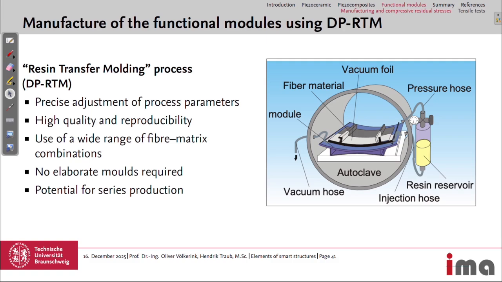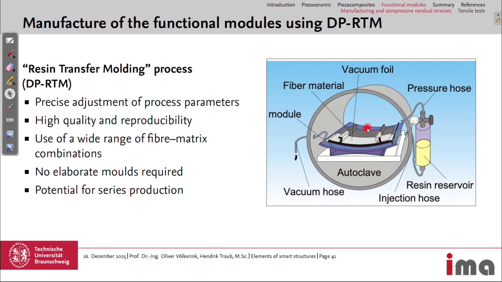One option to inject the resin, you need to fill, let's say, the structure and the non-woven, is resin transfer molding, which is also used for composite manufacturing. You have an autoclave. You have here the part with the fibers, so the dry part without the resin yet, and outside you have a resin reservoir.